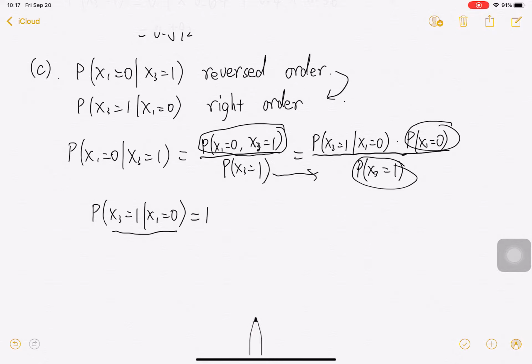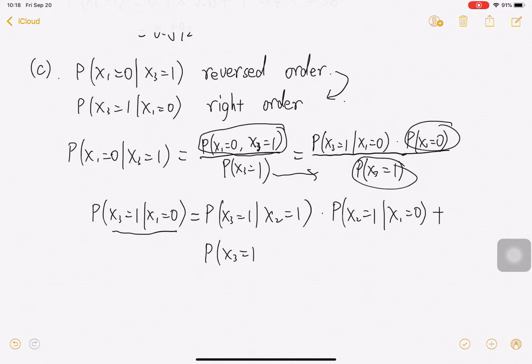The first one is the probability of x3 equals 1 given x2 equals 1 times the probability of x2 equals 1 given x1 equals 0, plus the probability of x3 equals 1 given x2 equals 0 times the probability of x2 equals 0 given x1 equals 0.